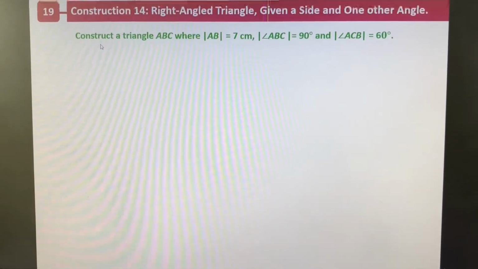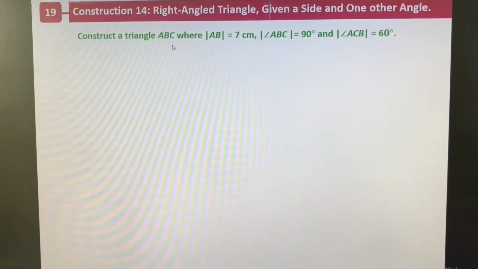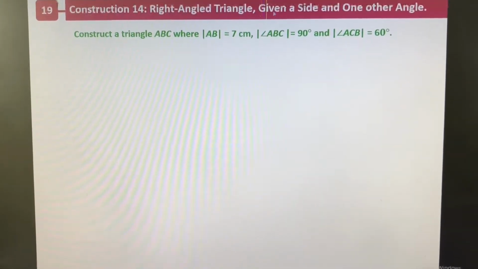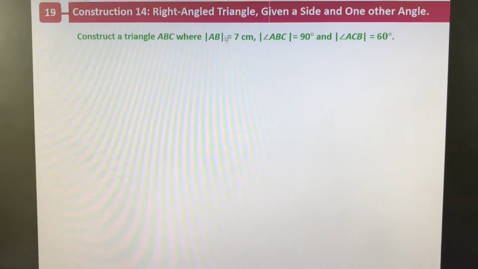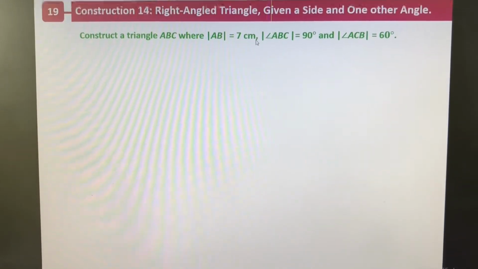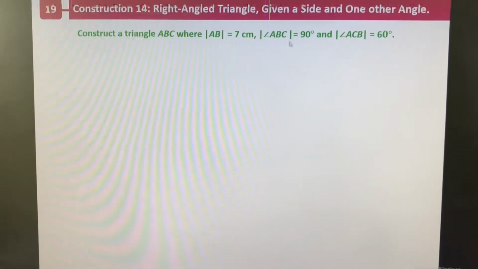So the question is asking to construct a triangle ABC. So we have the 3 vertices, points A, B and C. And the side length AB measures, so there's a distance between them of 7 centimetres. And we've got 2 angle measurements.